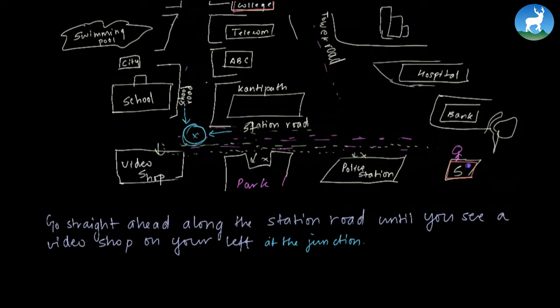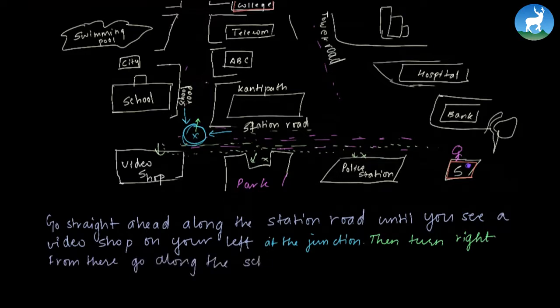Now I ask you to again go straight. I'm asking you then turn right. Okay, so you're here at the junction and now you're turning right. From there, go along the school road.